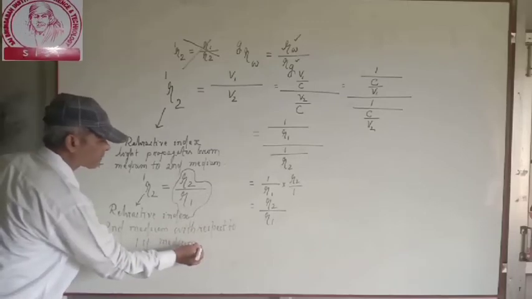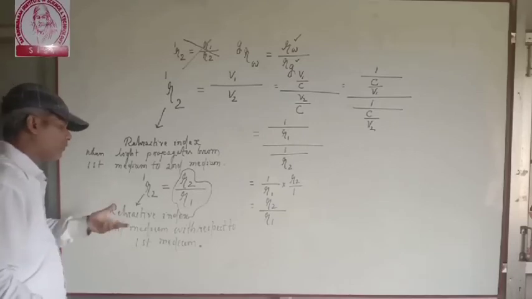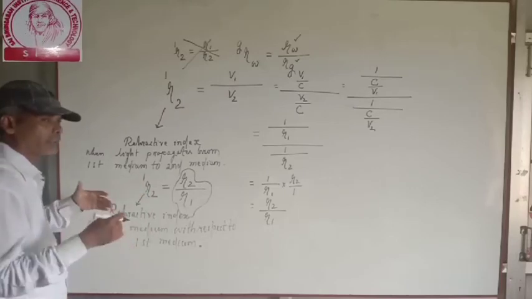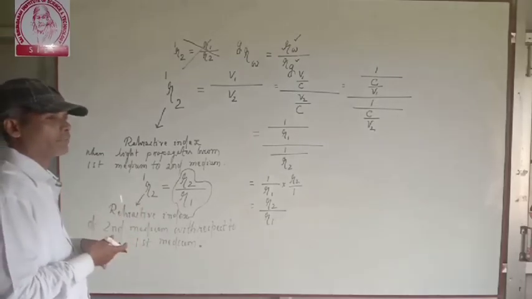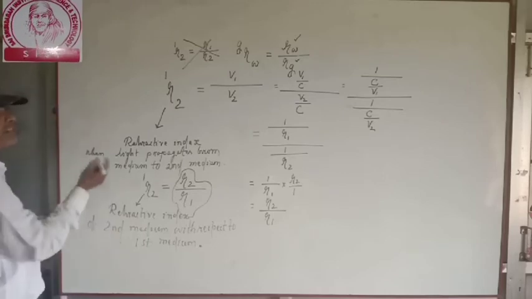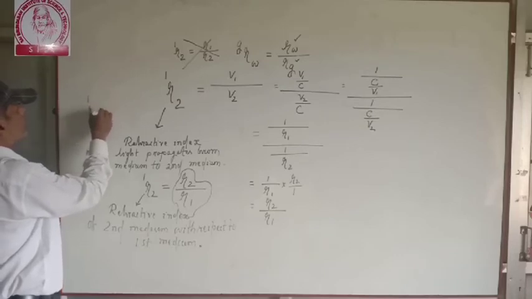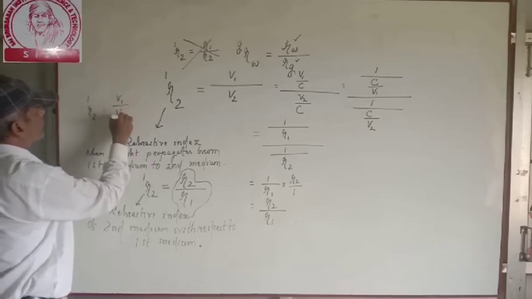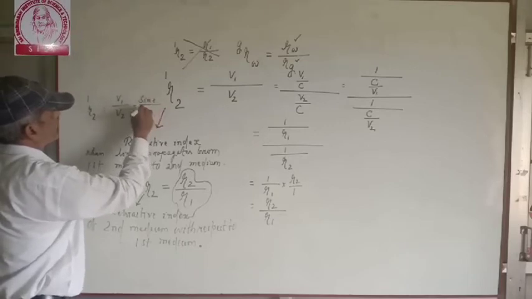But the problem is, when you remember this definition of 1 mu 2, sometimes you may make a mistake while writing 1 mu 2 is equal to V1 by V2 or sin I by sin R.